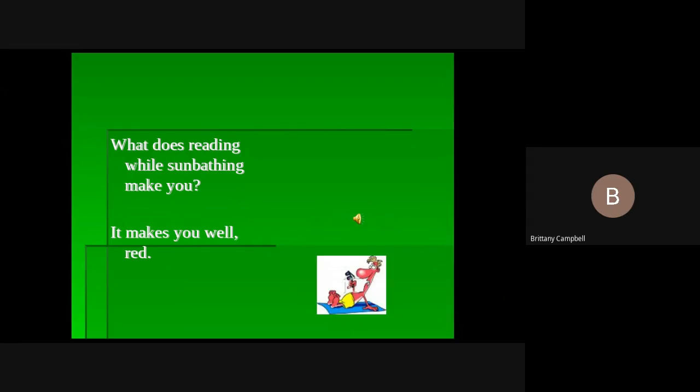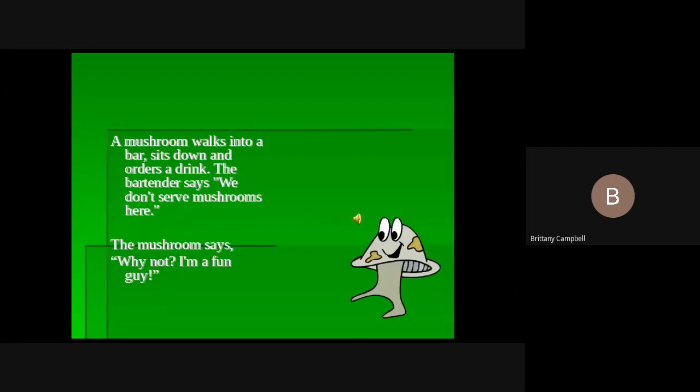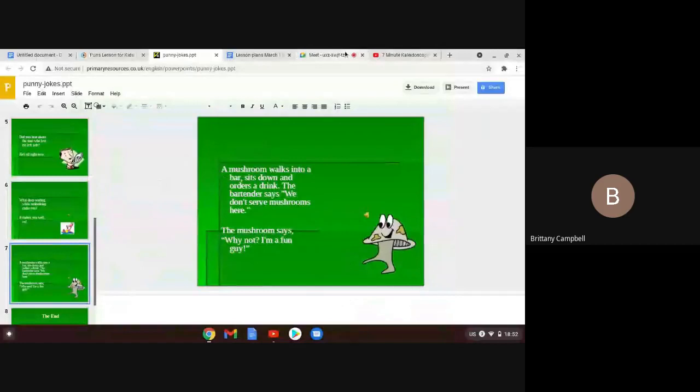The bartender says, "We don't serve mushrooms here." And the answer for that: the mushroom says, "Why not? I'm a fun guy." All right. So that is the end of it for the jokes.